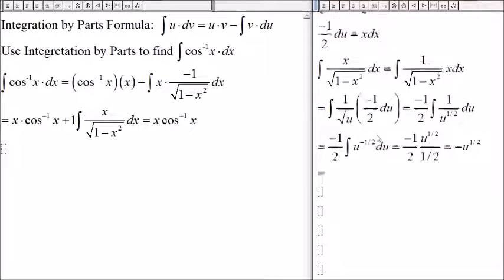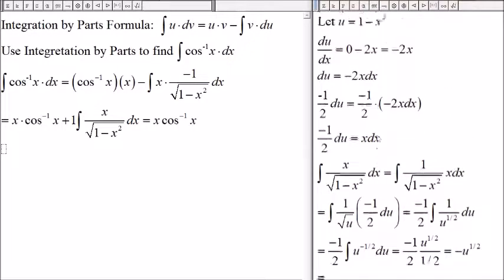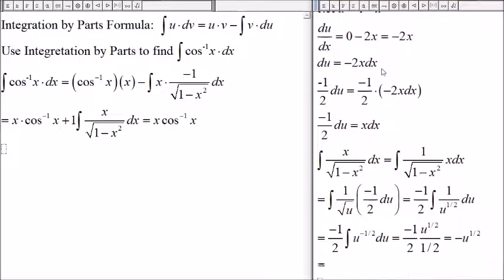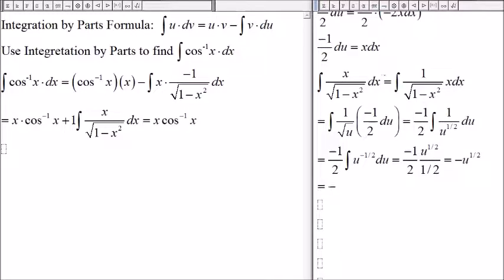But recall that u is 1 minus x squared. So we get negative 1 minus x squared to the 1/2.